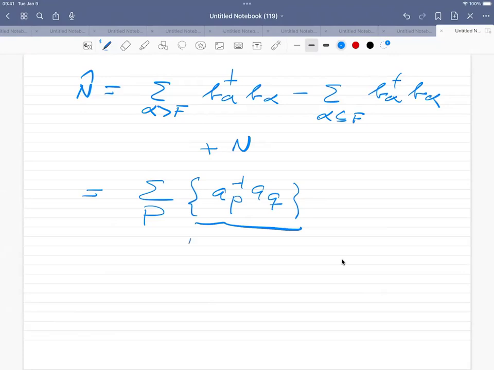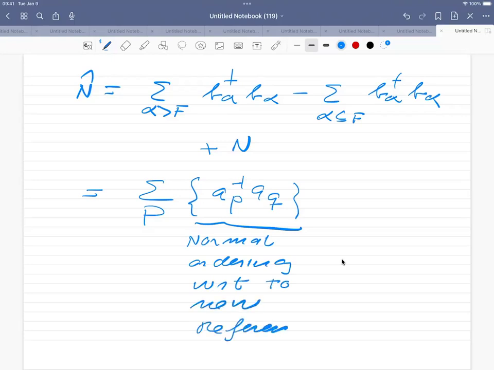So this is normal ordering with respect to the new reference state, plus the number of particles, which is the reference value.